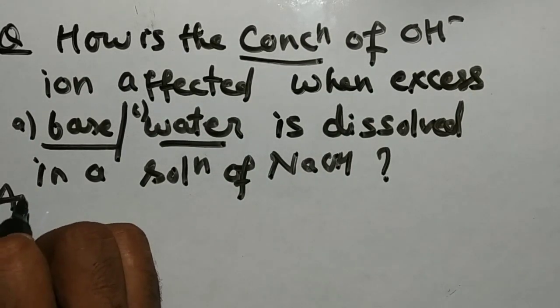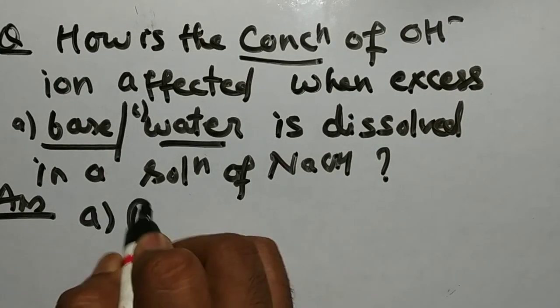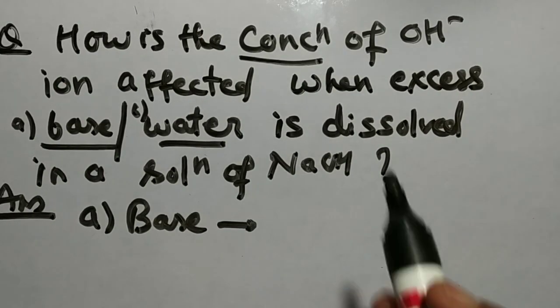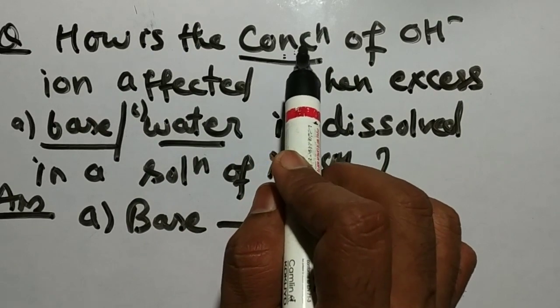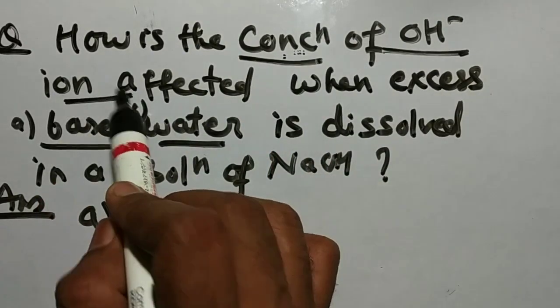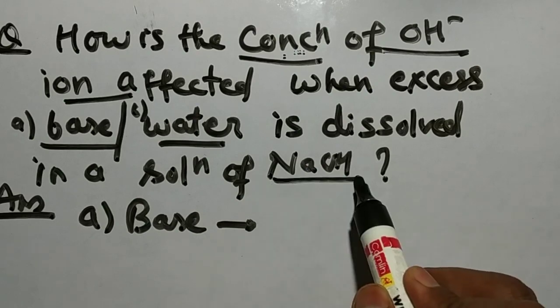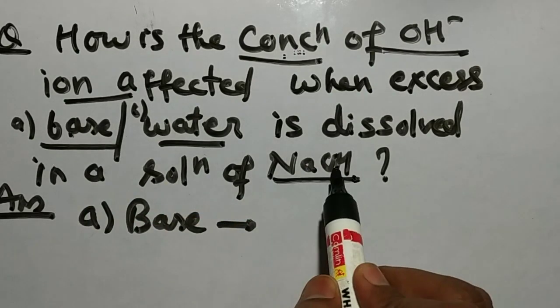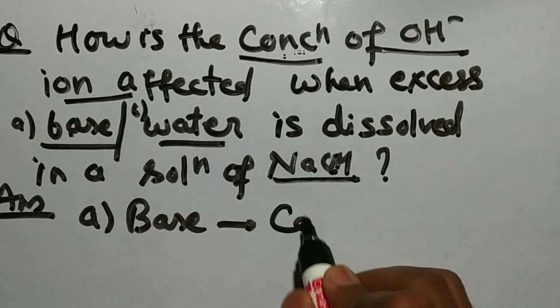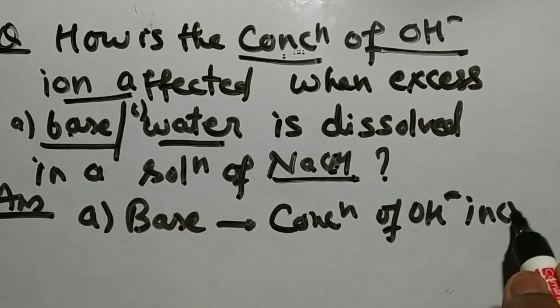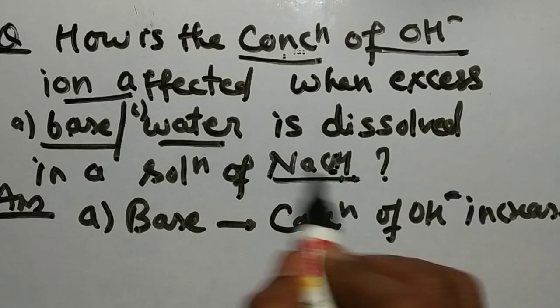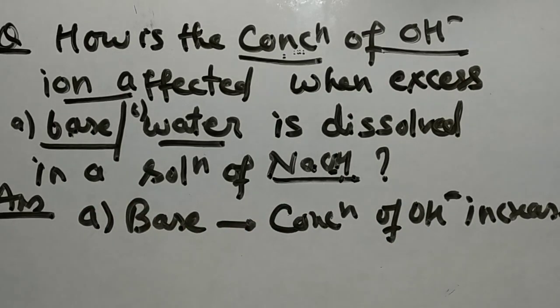Now see the answer. In the first case, the base is added. Now what you have to see is how the concentration of OH minus ion is affected. It means that the NaOH itself is a base. So if the base is added to the NaOH, then the concentration of OH minus increases. Now the second one is water.